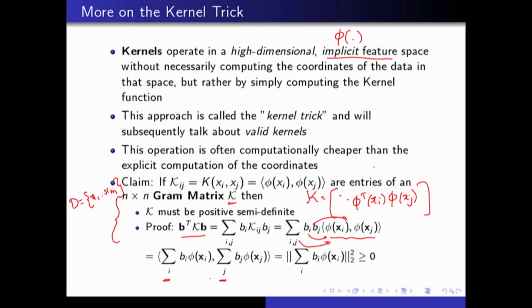Basically they are indices on the same data set D. So therefore they must be the same, and the dot product of a vector with itself is nothing but its Euclidean norm squared, and we know that this norm should be greater than or equal to 0. So thus any gram matrix must be positive semi-definite.